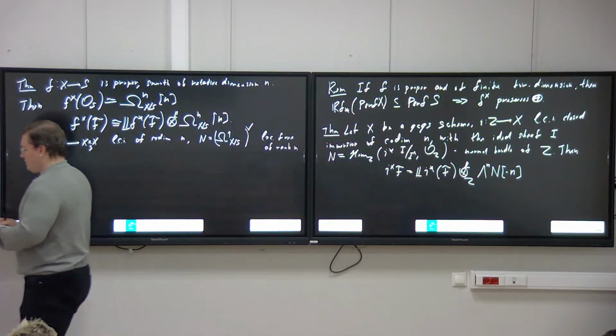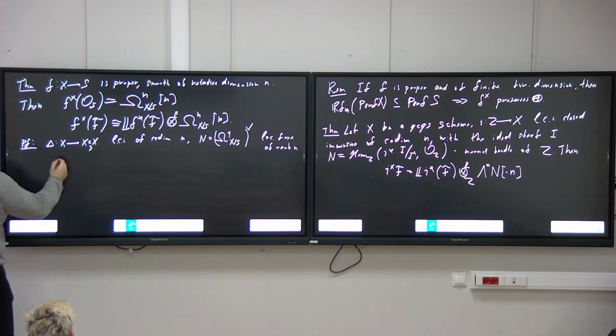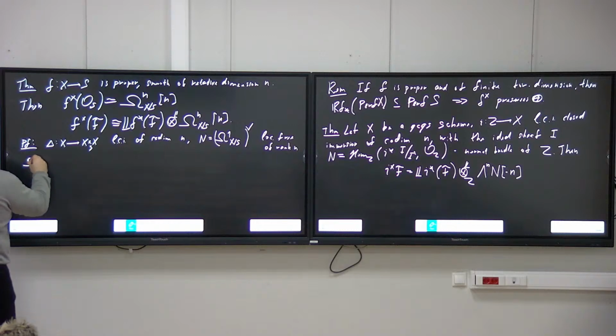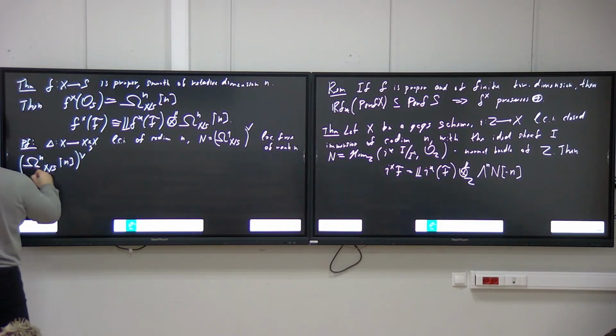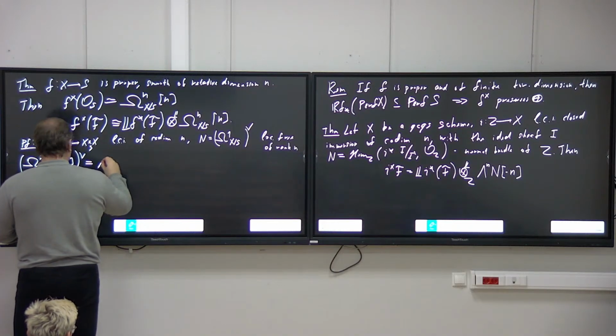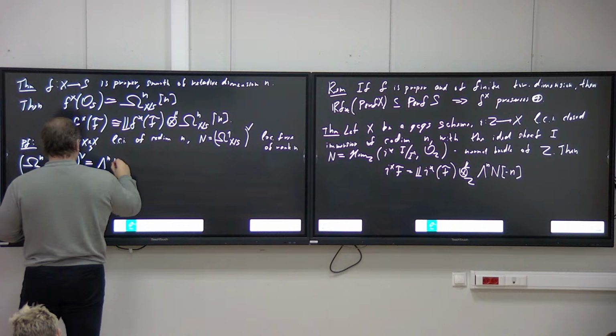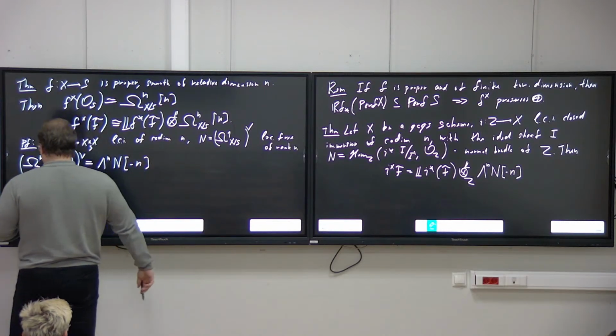So it's essentially how omega 1 is defined, by the way. Then omega n, shifted by n: if I take the dual of this, I'll get, of course, the top exterior power of the normal bundle, with a shift by -1.